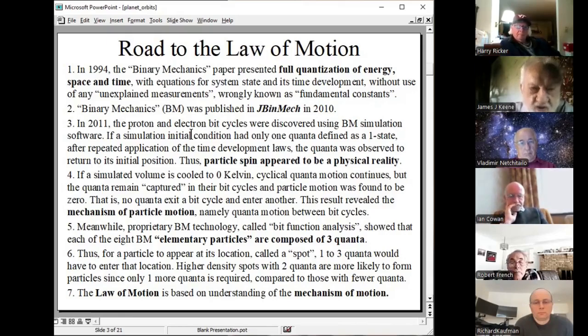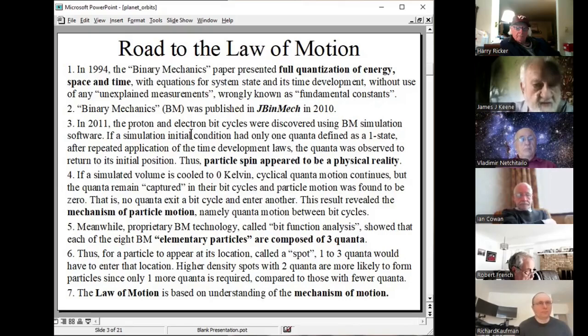All radiation and or kinetic energy, because some of those quanta leaving could actually be particles with kinetic energy, right? So if you cool the simulated volume down to 0 Kelvin by simply letting this run and letting the quanta that leave the volume be lost forever, this cyclical quanta motion continues.